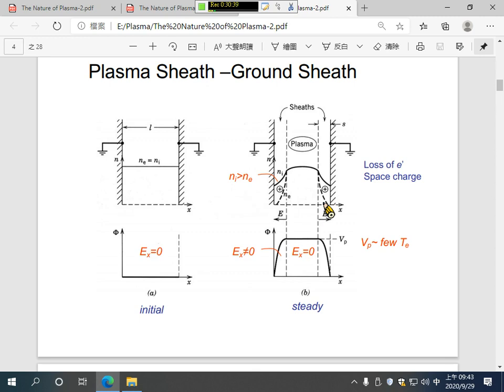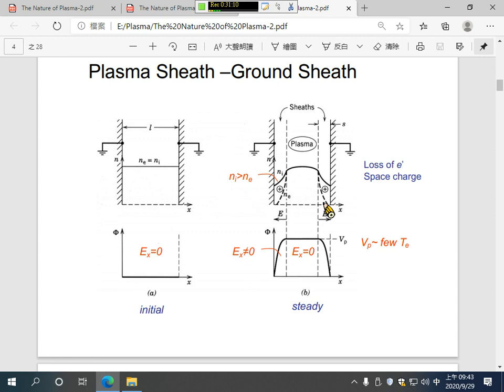Actually, in this figure we have already labeled the direction of the electrical field. So this region has different properties compared to the inner part of the plasma, and this region is named sheath, ground sheath.